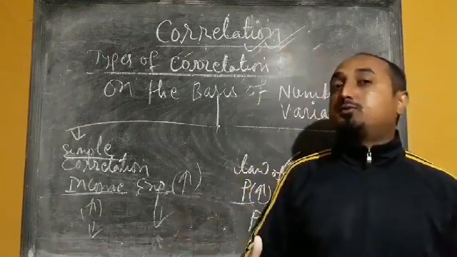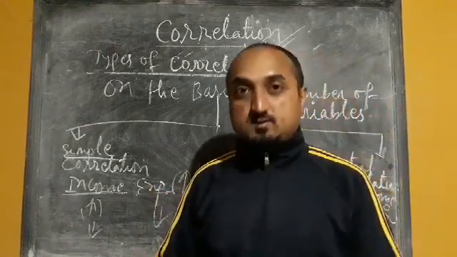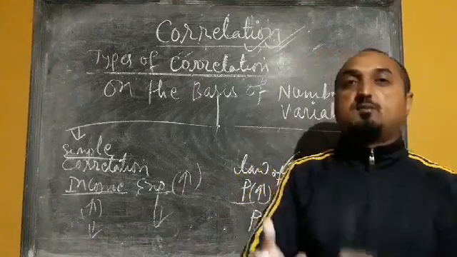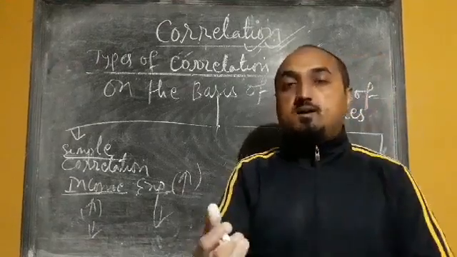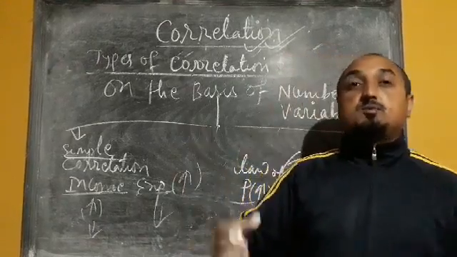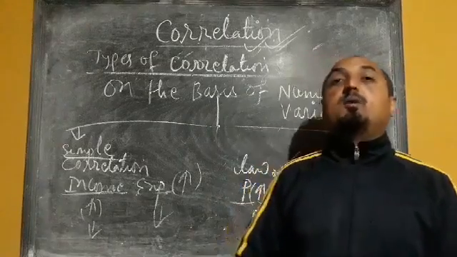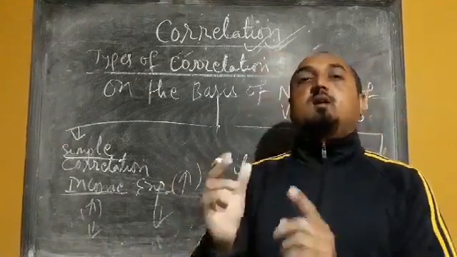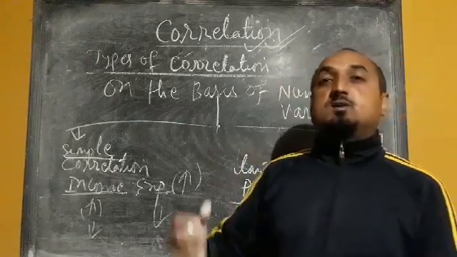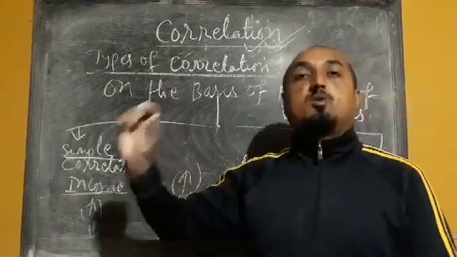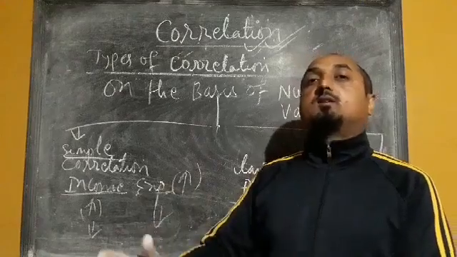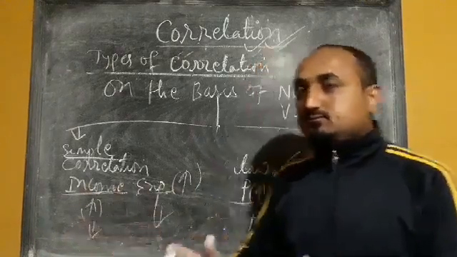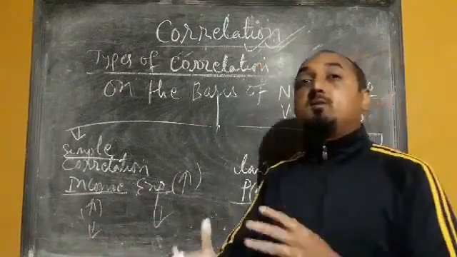This production depends on many factors: rainfall, amount of rainfall received, fertilizers used, high yielding varieties of seeds. If the quality of seed is better, if the rainfall received is sufficient, if the fertilizers used are in a good proportion, then the productivity will increase. So here more than 3 variables are involved.